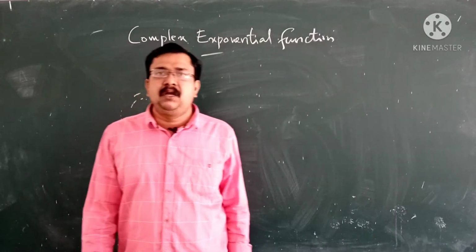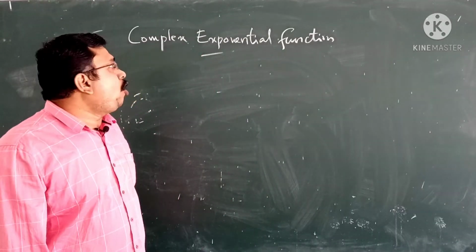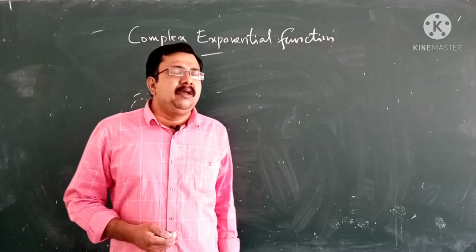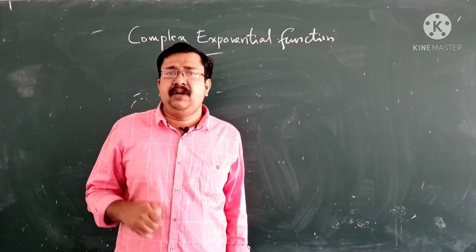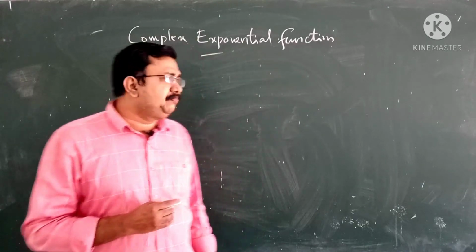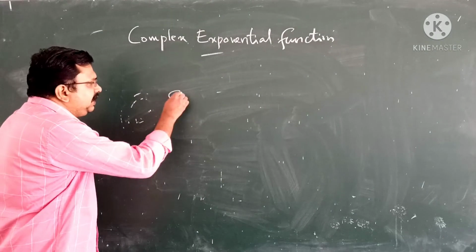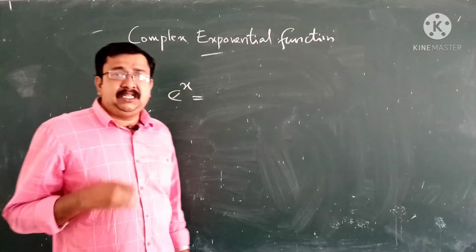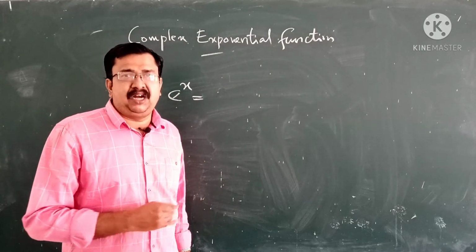Hi students, now we can learn the complex exponential function. Before that, first we study the exponential function. What do you mean by exponential function? e raised to x is the exponential function.